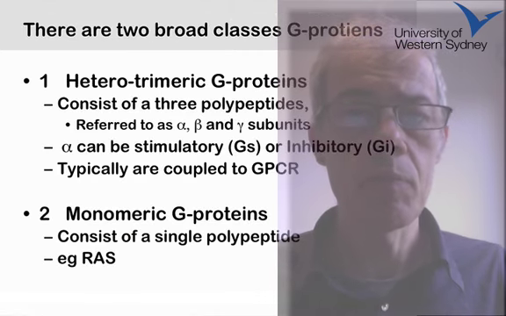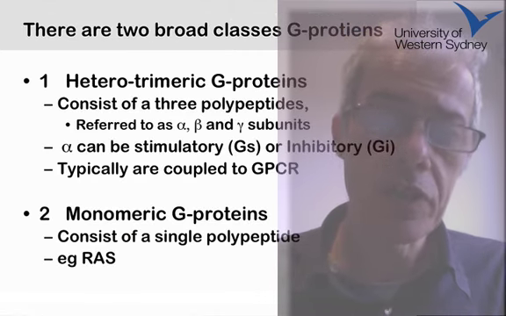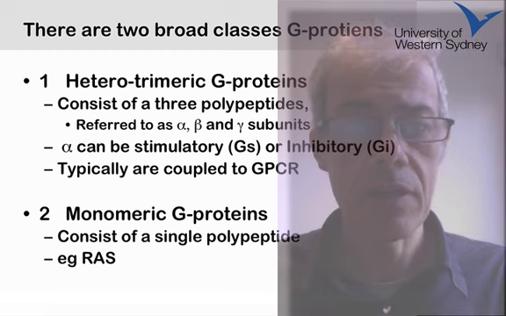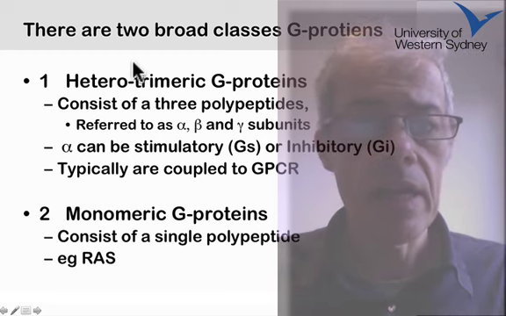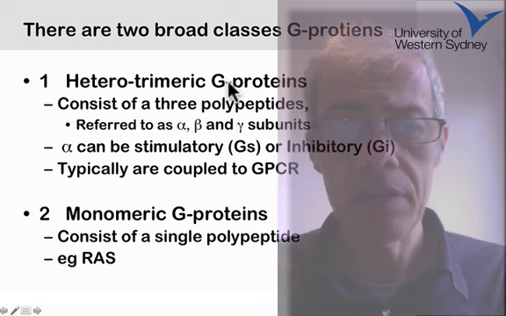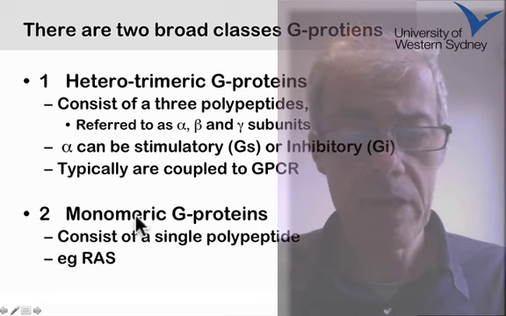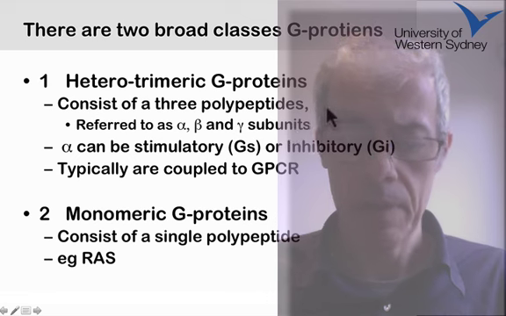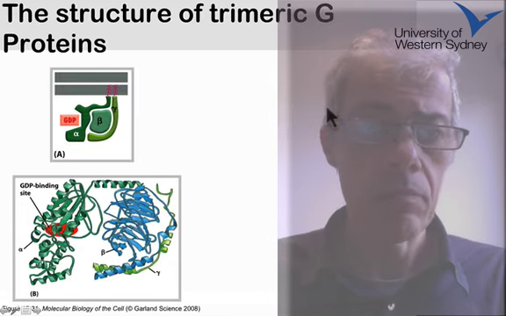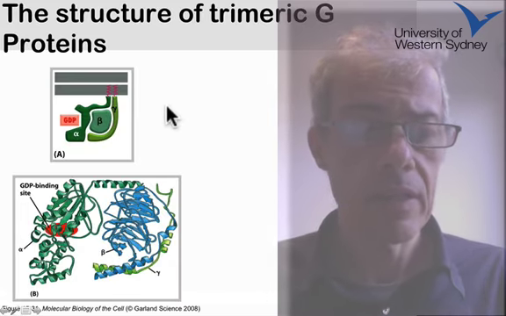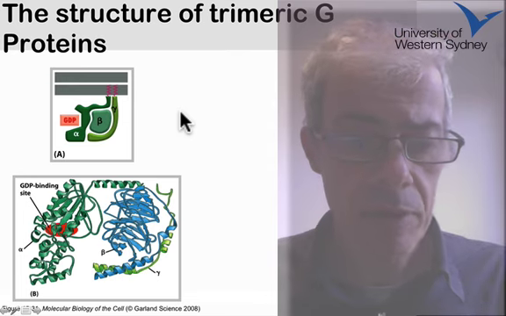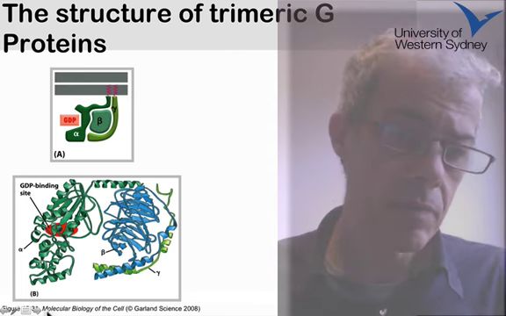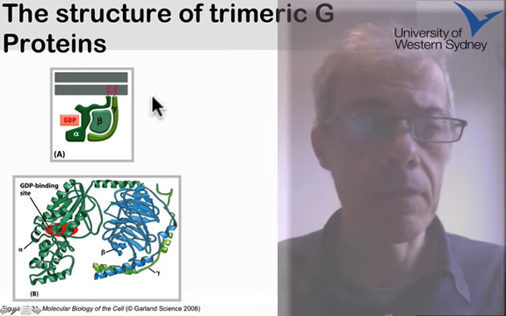Now, there are two broad classes of G proteins that we're going to be discussing. The first is the heterotrimeric G proteins, and the second is the monomeric G proteins. Here's a schematic of a heterotrimeric G protein taken, I think, from Alberts' Molecular Biology of the Cell.